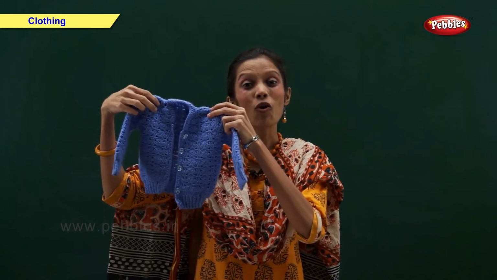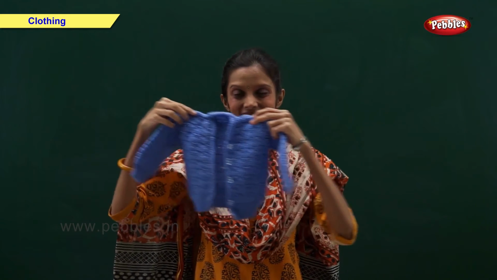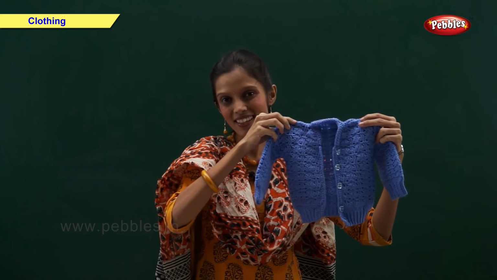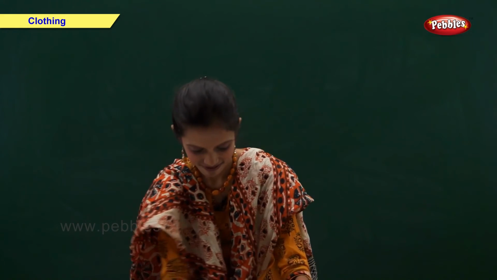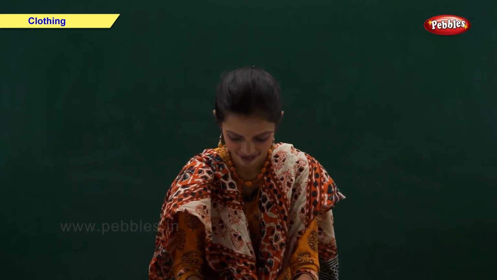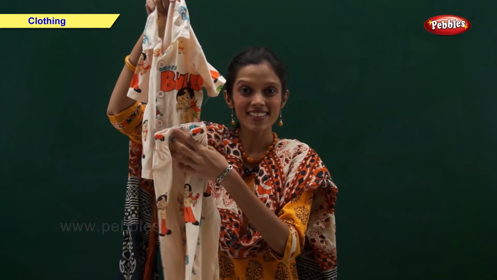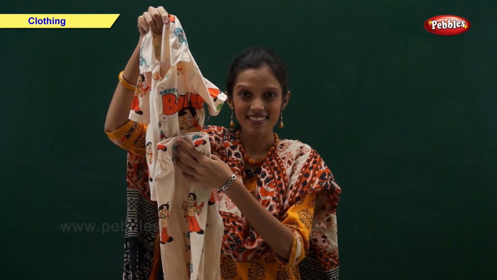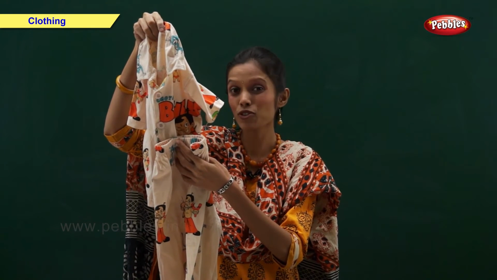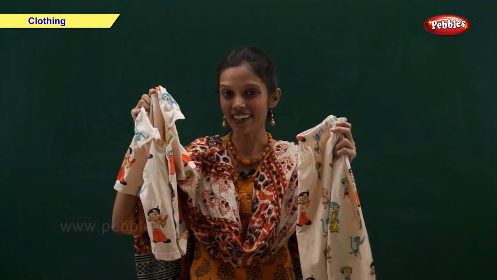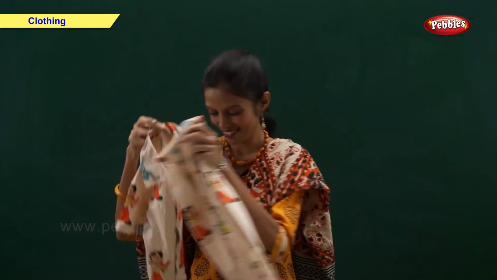Now tell me, what is this? Yes, this is sweater. Now tell me, what is this? Come on fast. I have shown you earlier. Yes, you are right. This is night suit.